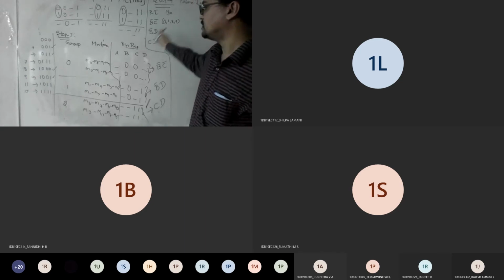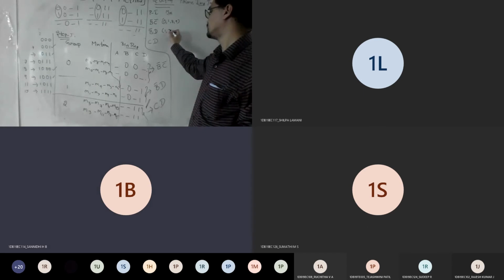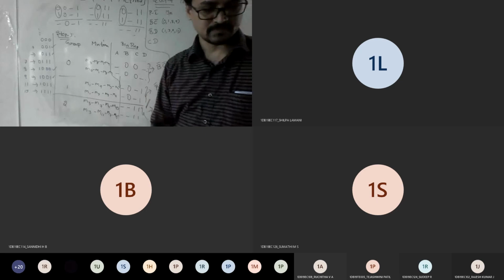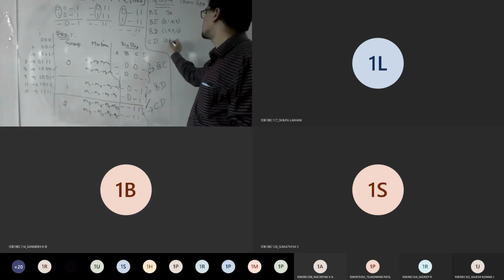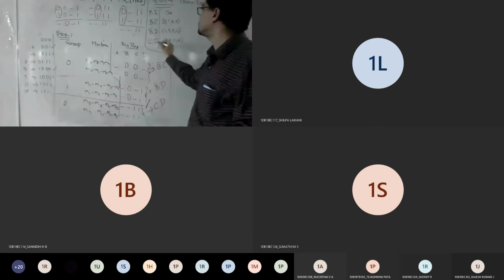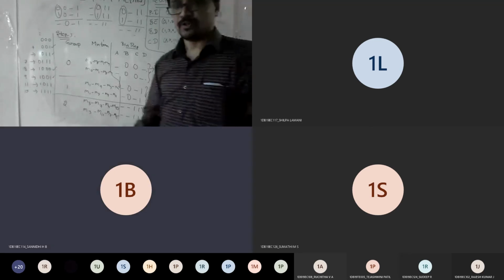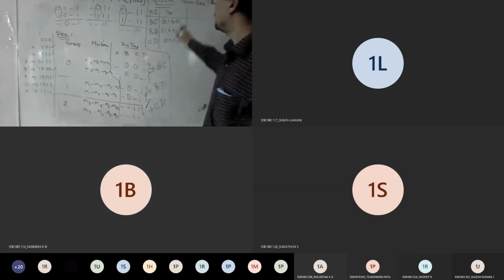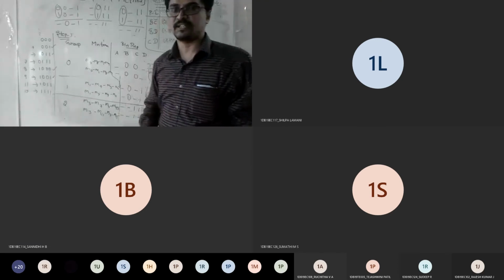So I wrote this min term from this. Similarly here, 1, 3, 9, 11. I'm just writing in order, that's all. Next, this one, 3, 7, 11, 15. What I have written here, is it visible to everyone? Yes, sir. Okay, now after making the first two, next what you need to fill in is the min terms given in the question.